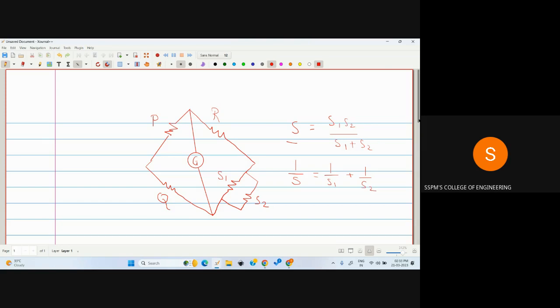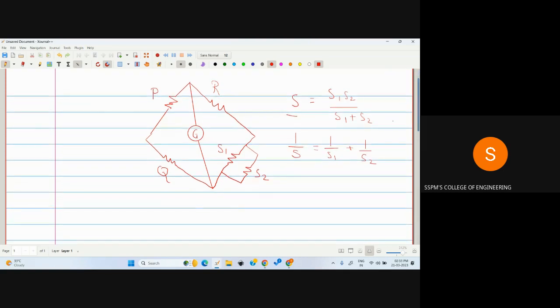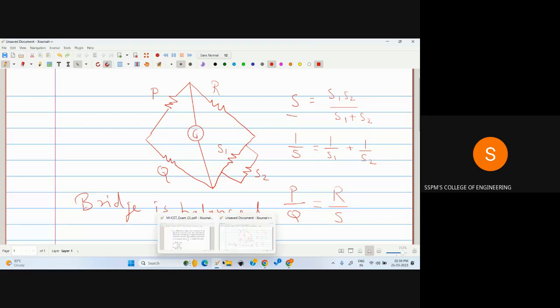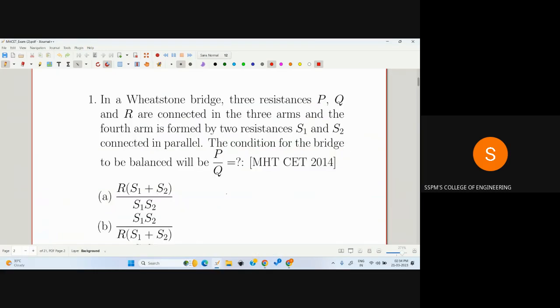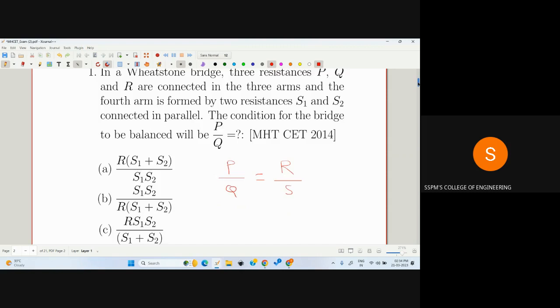Now what is the condition for a balanced bridge? The bridge is balanced if the ratio P to Q is equal to the ratio R upon S. This is the condition for a balanced bridge. I will write here that the condition for a balanced bridge is P divided by Q is equal to R divided by S, where S is the parallel combination of S1 and S2.